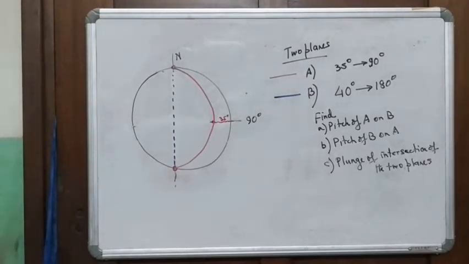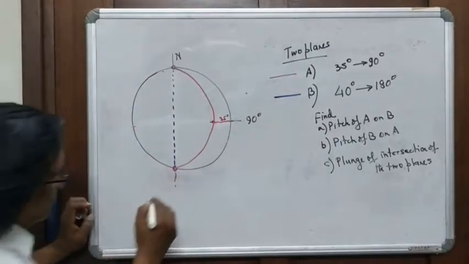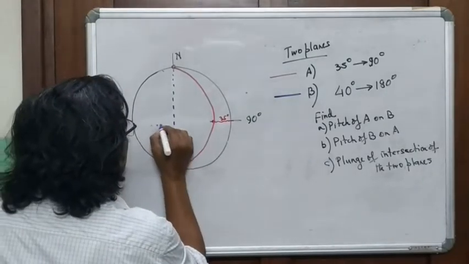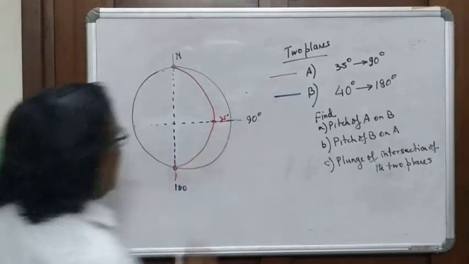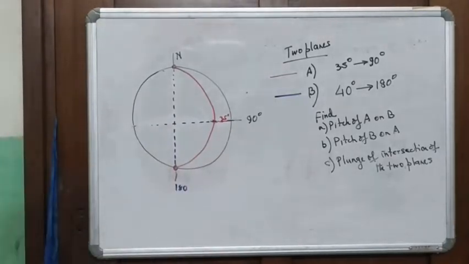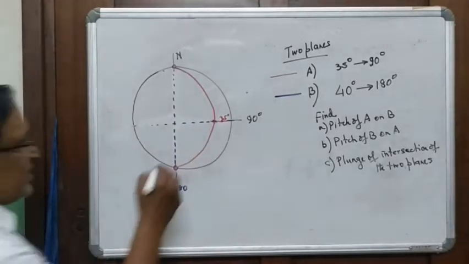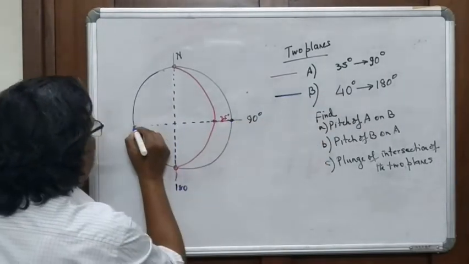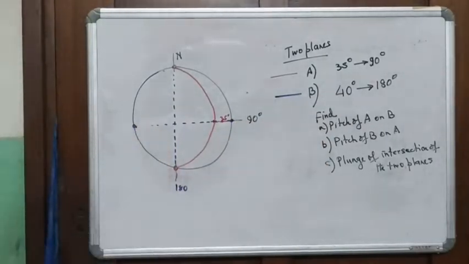Yes or no? This is the dip line because this is 180. If this is the dip line, this is the straight line. So if this is the straight line of plane B, then I get 2 points, one here and one here. Now, but that is not the issue here.